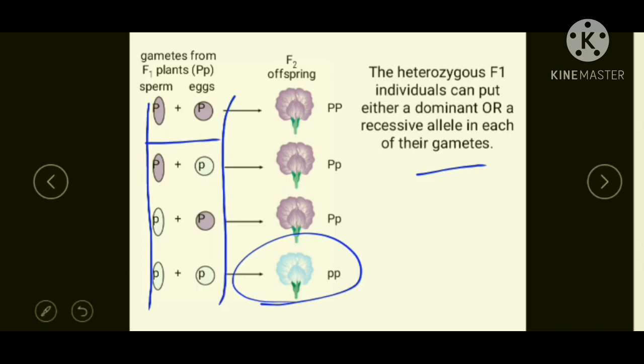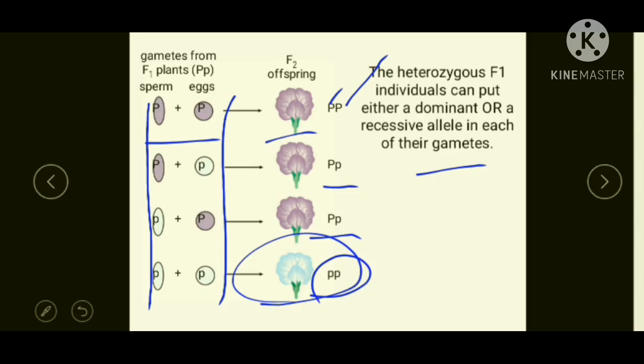When we cross the sperms and the eggs, we can get here PP, which is homozygous. Here capital P and small p is heterozygous dominant, and here small p and capital P is also heterozygous dominant, and here small p small p is homozygous recessive.